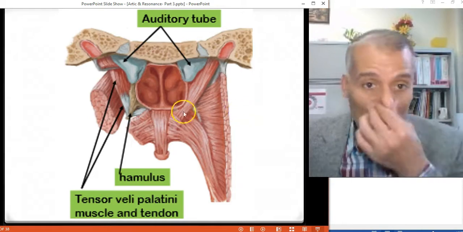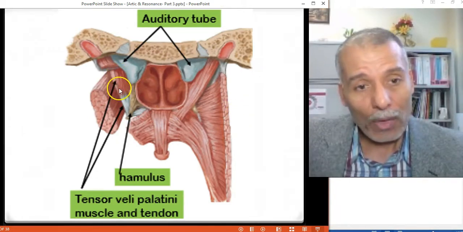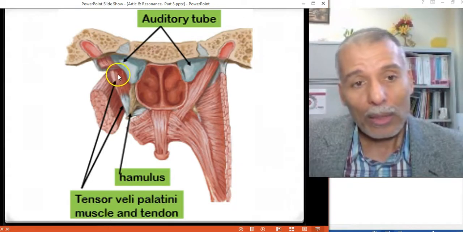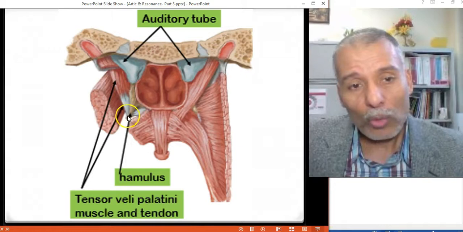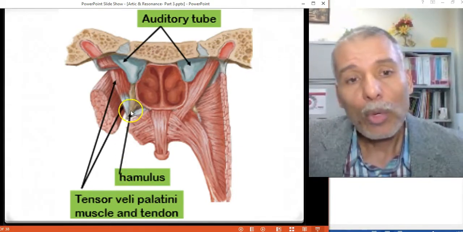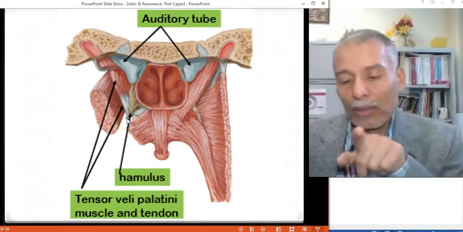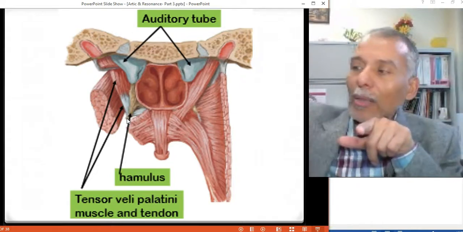Now, you could see as the tensor veli palatini comes down and it courses down and anteriorly, it is going to come to an area that's called the hamulus of the pterygoid bone. It's like a tip of bone sticking out like this. And the muscle comes in.